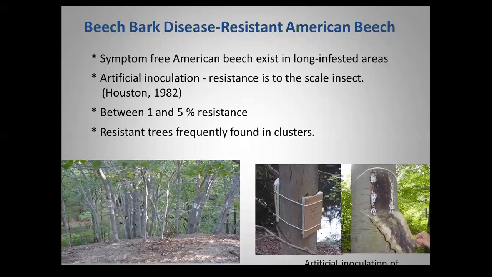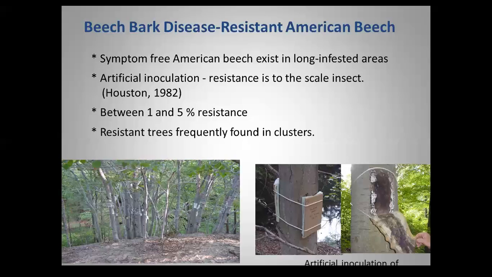I had mentioned that sometimes we do see symptom-free American beech trees that exist in areas where there has been a long history of beech bark disease infestation. And in 1982, Dave Houston published a paper where, through artificial inoculation, and a picture of artificial inoculation with the insect is shown in the bottom right, he demonstrated that the resistance is to the scale insect and not to the fungus.